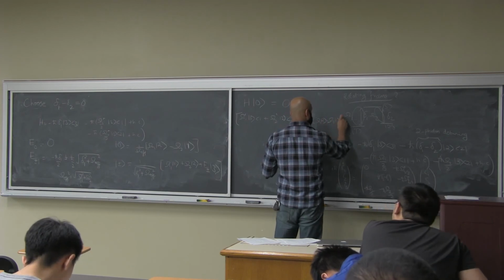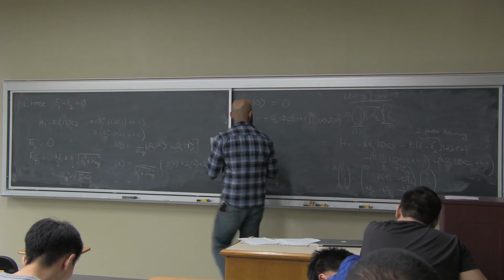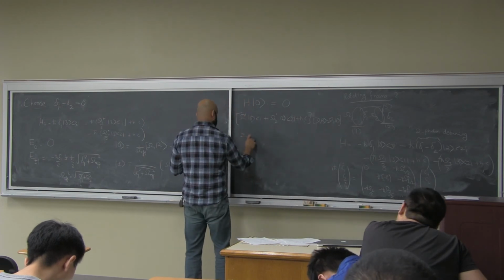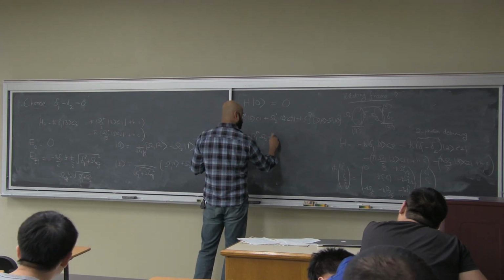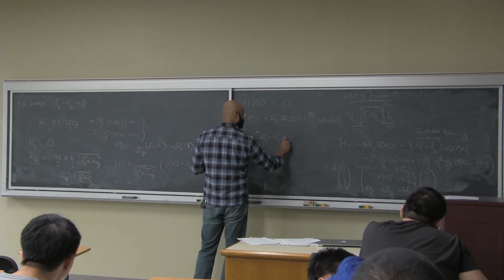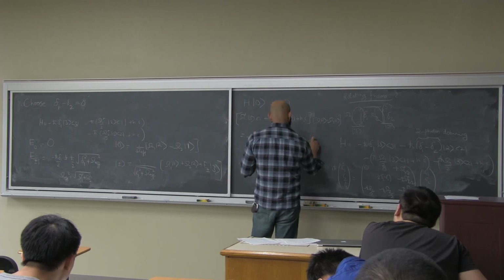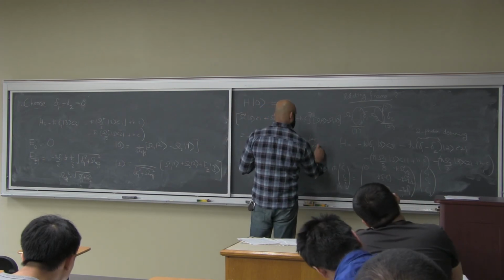I'm ignoring all the factors and coefficients because they don't matter. You can easily show this goes as minus omega 1 star omega 2 plus omega 2 star omega 1, which is equal to 0 for any real omega 1, omega 2.